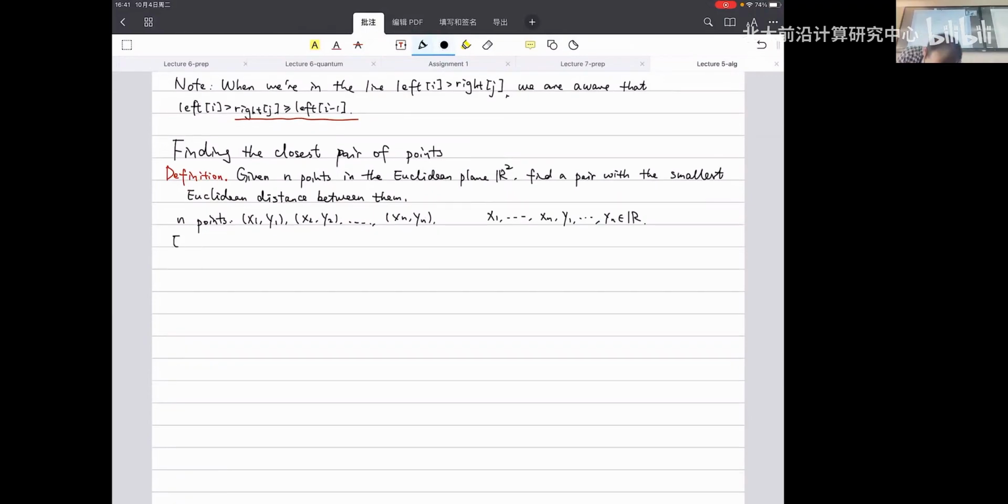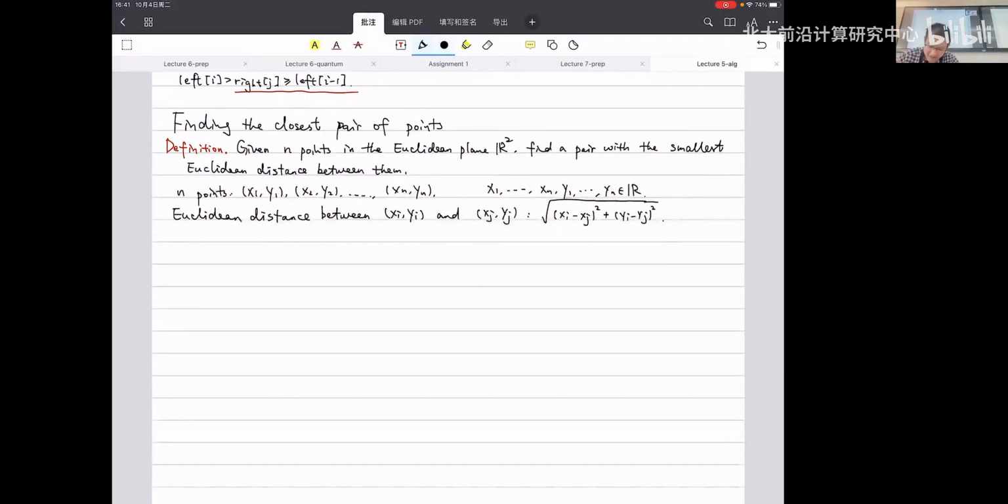And the Euclidean distance between, for instance, (xi, yi) and (xj, yj) is the distance in the L2 norm, which is the square root of (xi minus xj) squared plus (yi minus yj) squared. So is this definition clear to you?